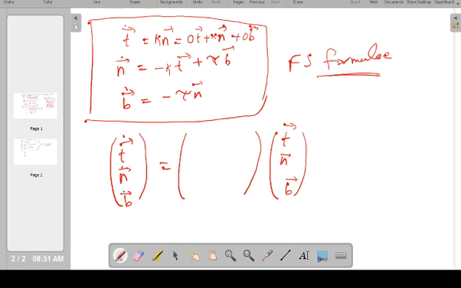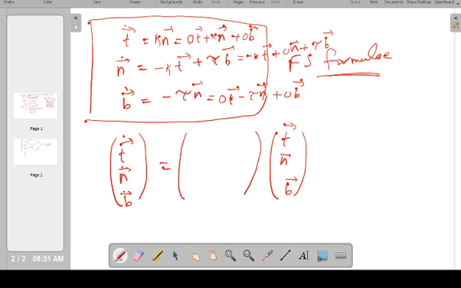Similarly, write the second equation as minus kappa T plus 0n plus tau B, and the third as 0T minus tau n plus 0B.